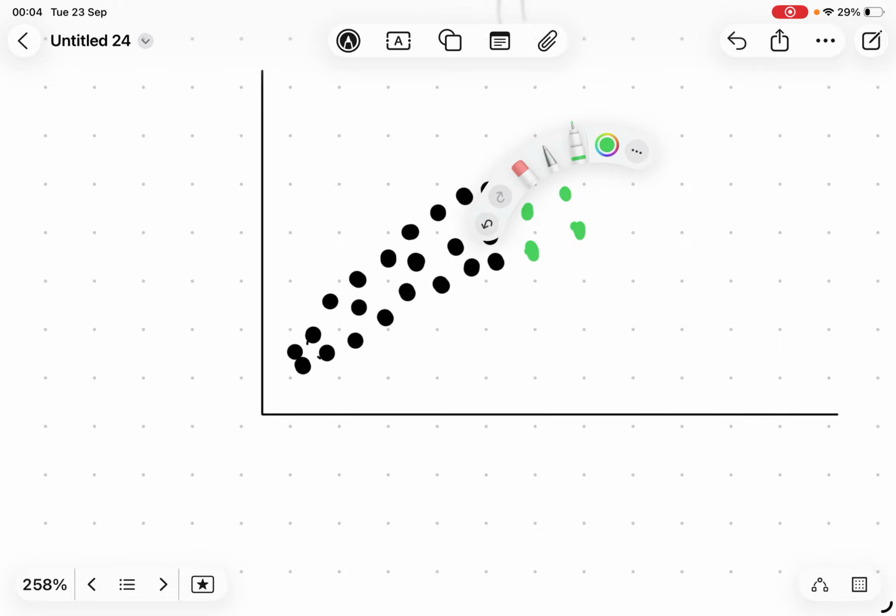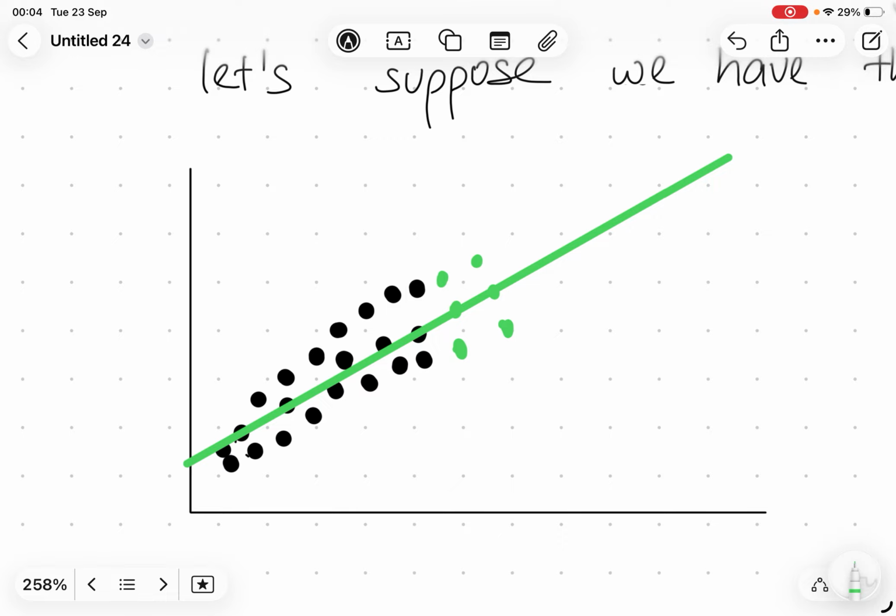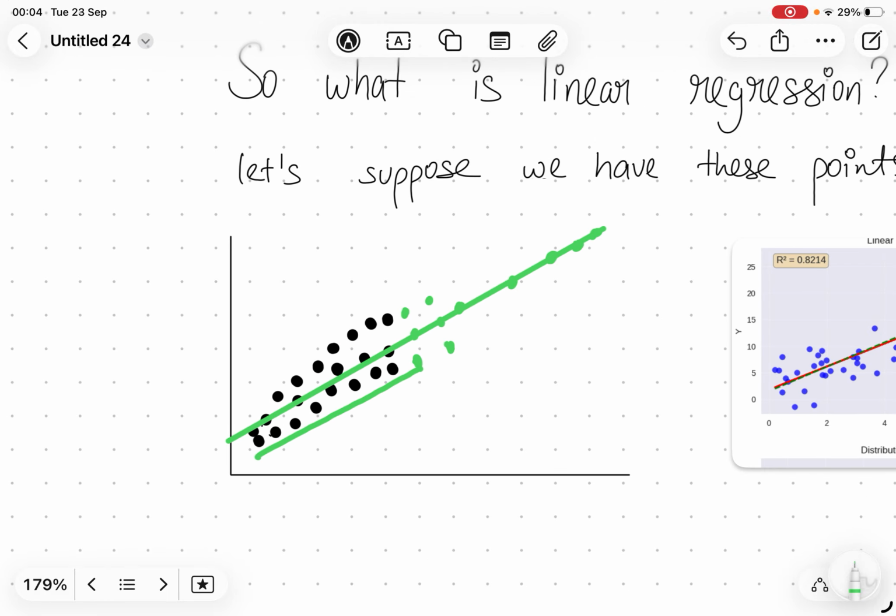Your brain is predicting. So we could draw a line like this, right? So linear regression is just, with the help of all of these points, we predict where the future points will be, the points which we do not have data for. I'll explain this practically, so don't worry if you don't understand this.